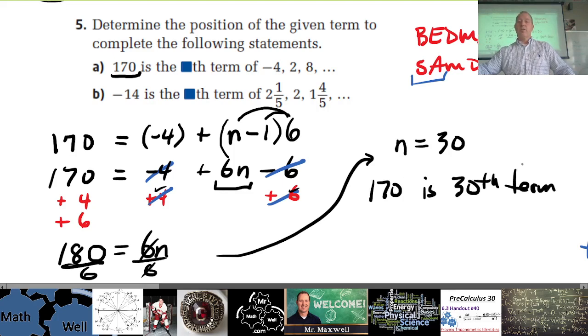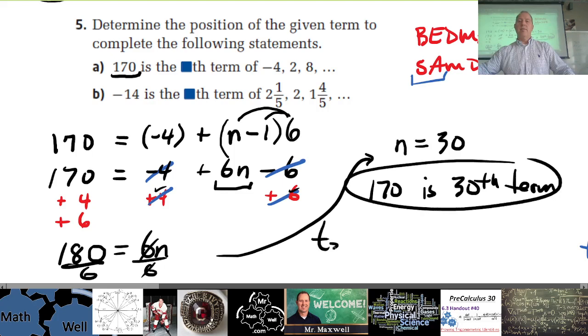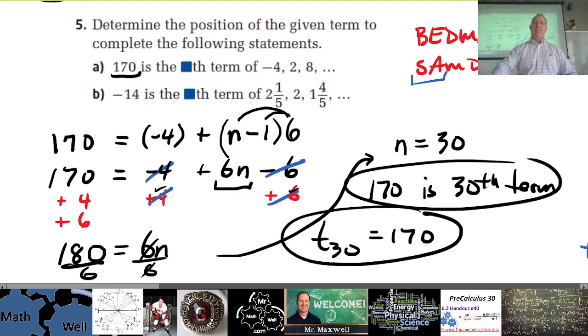So that's the 30th term. You could also write it like this: t of 30 is 170. So if you were to add 6 to 8 and do that a whole bunch more times, in the 30th position of numbers, you should have 170.